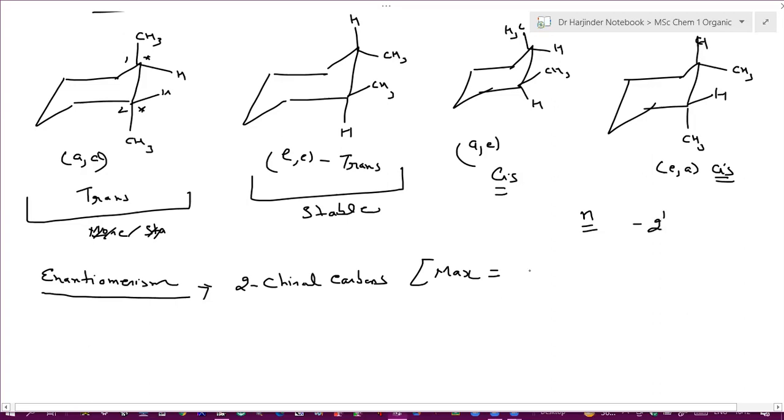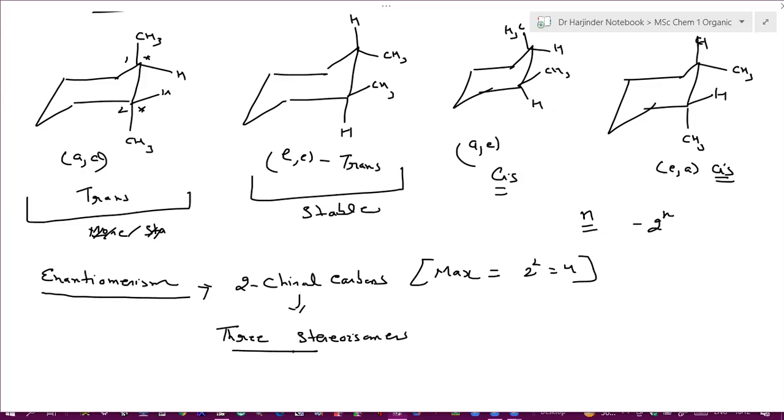So here you will have 2 to the power 2, which is 4. So it can have a maximum of 4 stereoisomers. But it exists in only 3 stereoisomers.